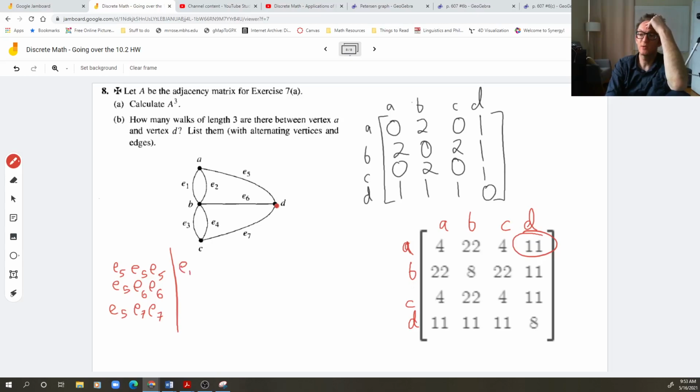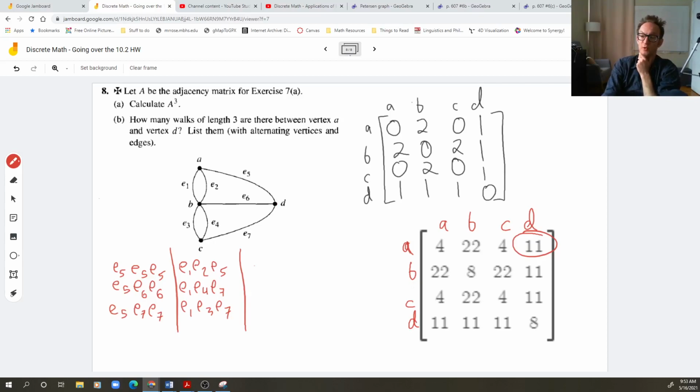So if I go E1, oh, okay, I see. So I can do E1, E2, E5. E1, E2, E5 is a walk of length 3. I can do E1, E4, E7. I can do E1, E3, E7. This is not very systematic what I'm doing here. Okay, that's 6. There's 5 more apparently.